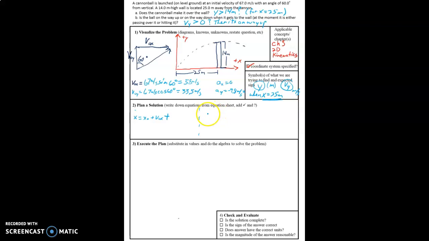In the y direction, we're going to want to use this equation, y equals y naught plus v naught y t plus 1/2 a y t squared. That'll tell us y. And then Vy, we're not going to have to do any algebra here either, because we have a nice equation that will give us v sub y. So we know this, we know this, we know this. We know v naught y, we know a y, we don't know the time.